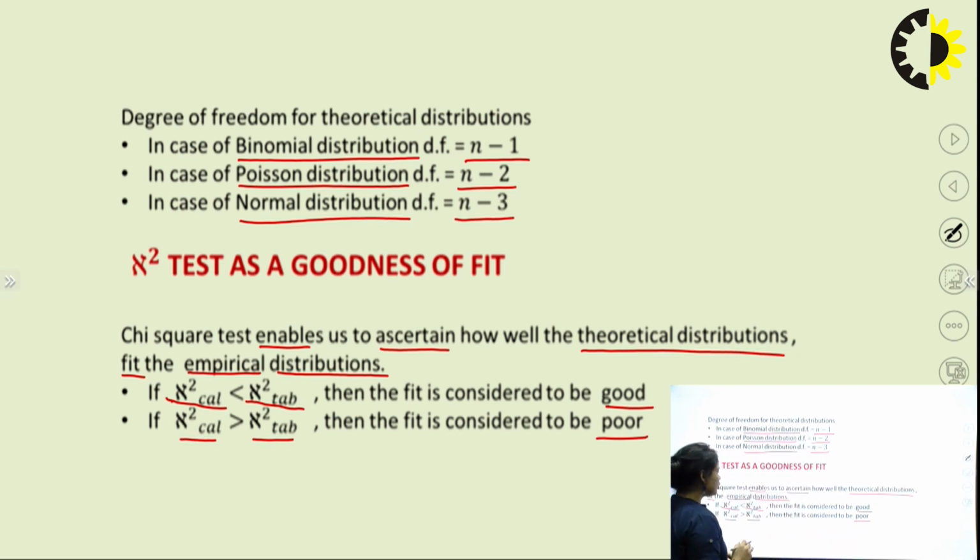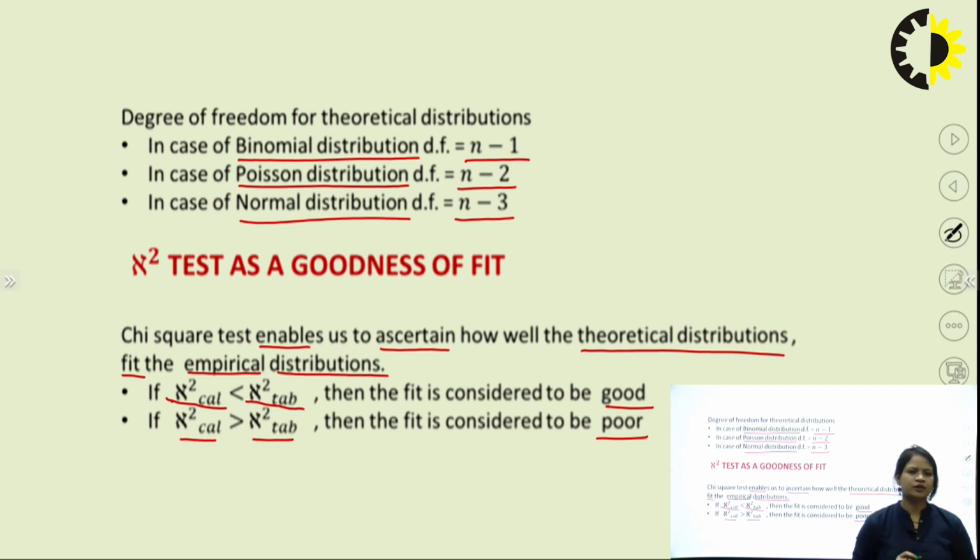Here it is also important to take into consideration the degree of freedom. For a certain degree of freedom, we can look up the table of chi-square tabulated and see whether it comes out more or less than the calculated value. If it is more, it will be good to fit that distribution. If it is less, then it will not be good enough, and we will reject that particular distribution.